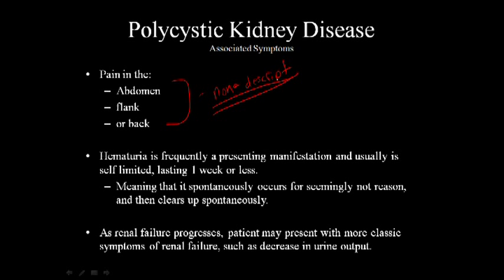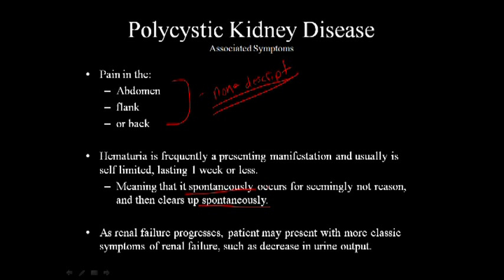Pain, it doesn't really designate something over the other. Hematuria is frequently a presenting manifestation and usually is self-limited, lasting 1 week or less. So usually it occurs spontaneously for no reason and then clears up spontaneously for no reason at all either. And so it's really kind of unexplained.